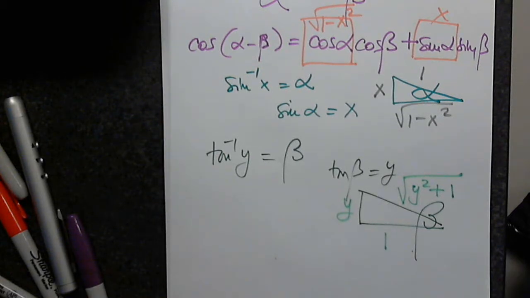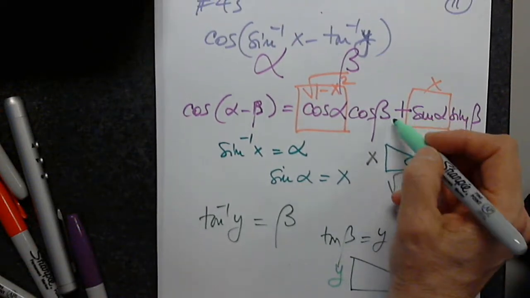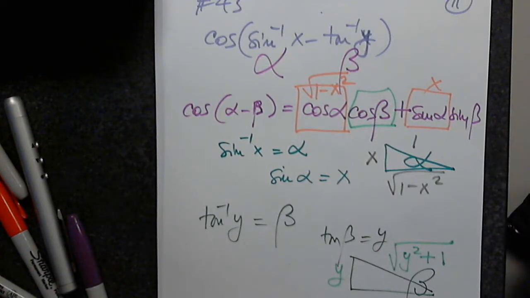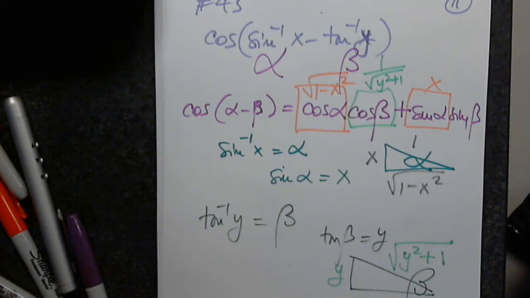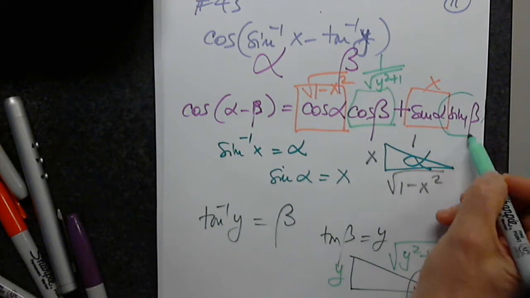That's it. So now I'm going back to the puzzle. I have cosine beta. What is it? 1 over the square root. Yes? Exactly. And now I have sine beta.